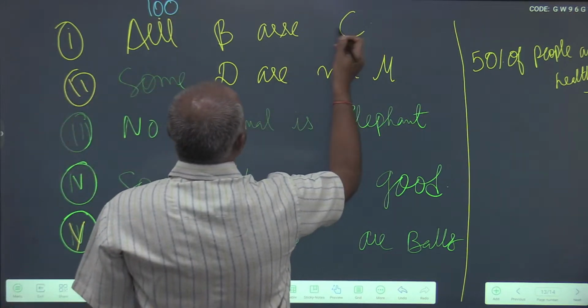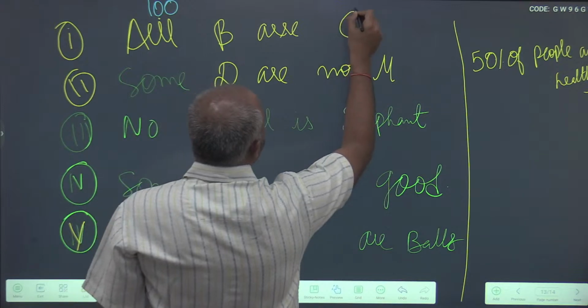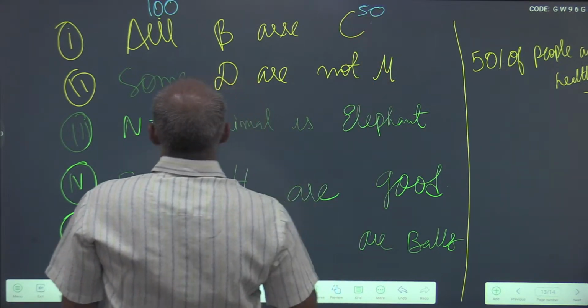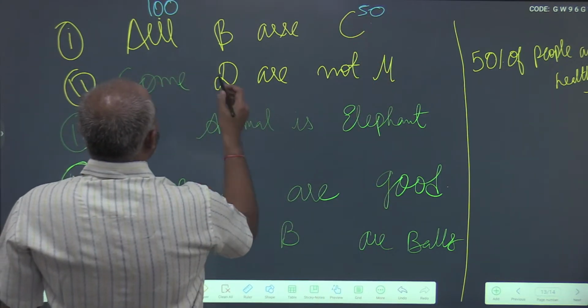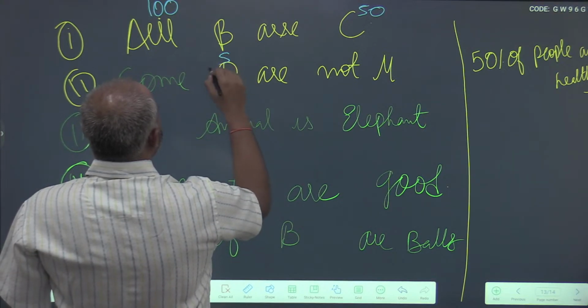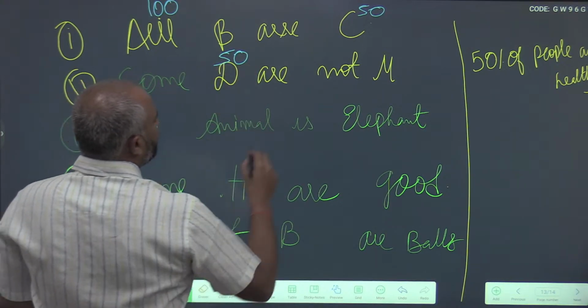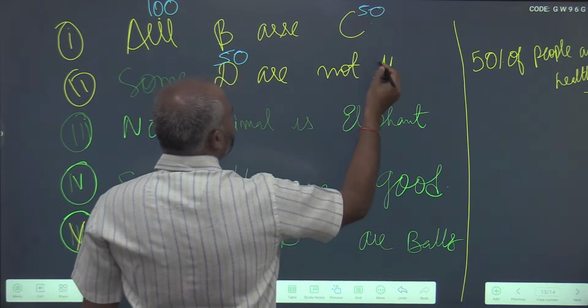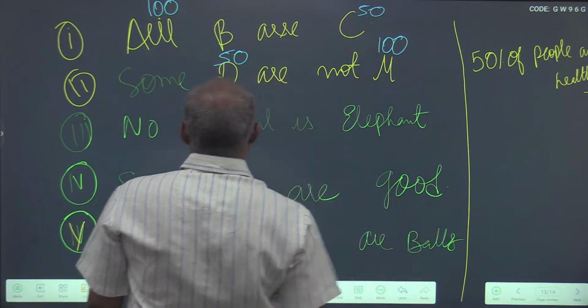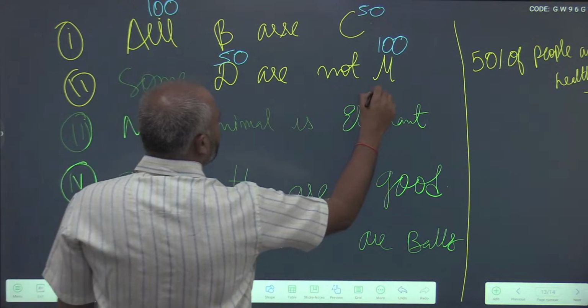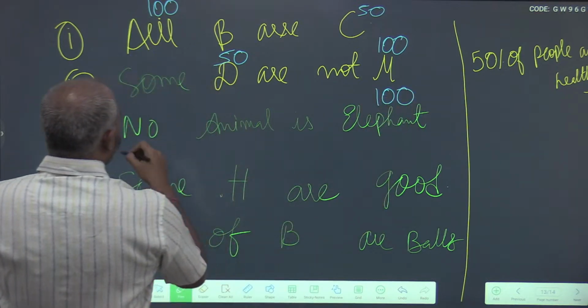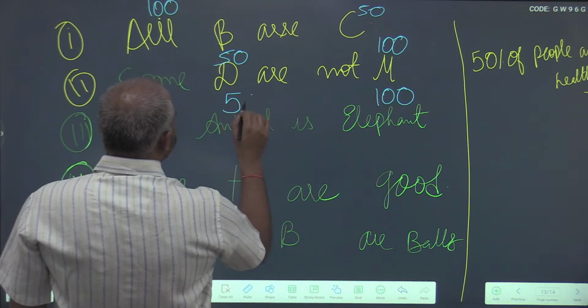See, this is a positive statement, that's why the object is 50. In the same way, some is particular, that's why subject is 50. Not: this is a negative statement, that's why the object is 100. No: negative statement, object 100. And no is also universal, that's why subject is 100.